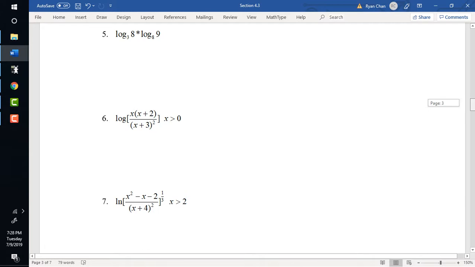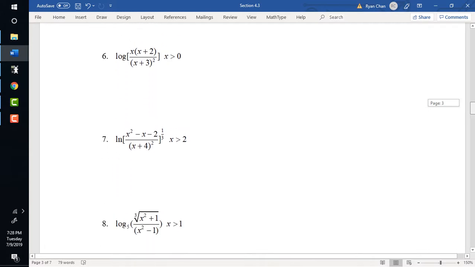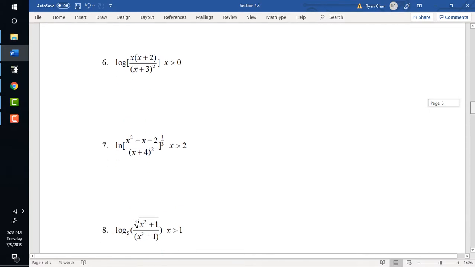So for example, let's take a look at example number 6 here. You will definitely run into situations where you'll have multiple problems happening at once. So just be careful. You want to do this slowly, step by step.